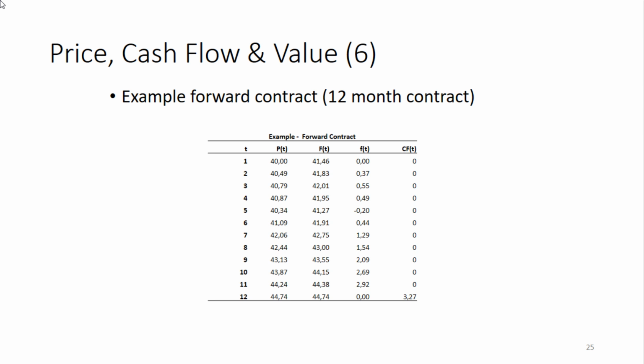So let's look 1 month later. 1 month later, we see that the spot price increases to 40.49. And then if I would like to enter into a forward contract 1 month later, say at time 2, for the delivery of the buy and selling of a good at time 12, then we see that the market conditions have changed, and now the price that could be agreed upon for this buying and selling at time 12 has become 41.83.